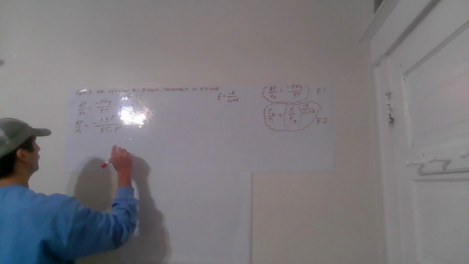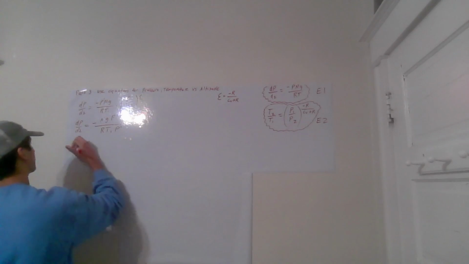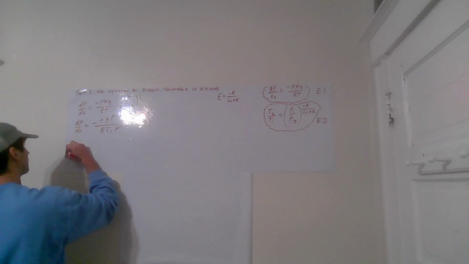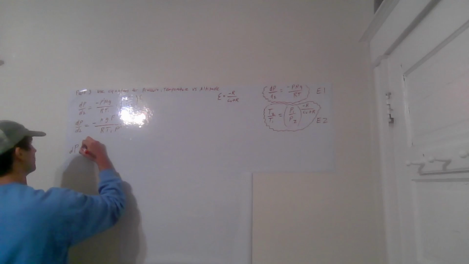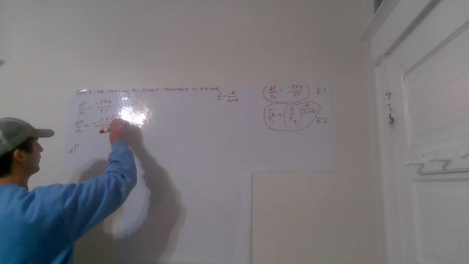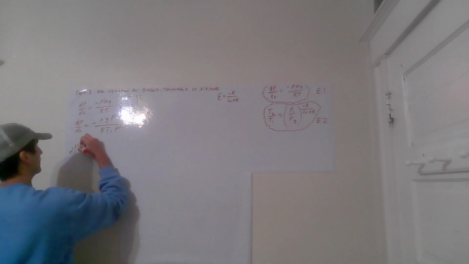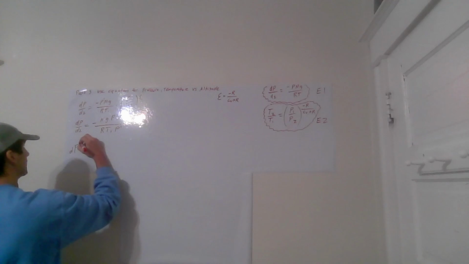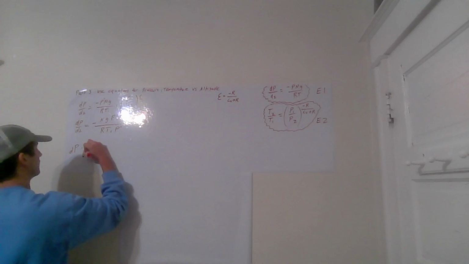And now we can move everything to different sides. So we're going to have our dP times, we're going to move our dz over here. We're going to move this P to the 1 plus epsilon over here, so it'll be the reciprocal.